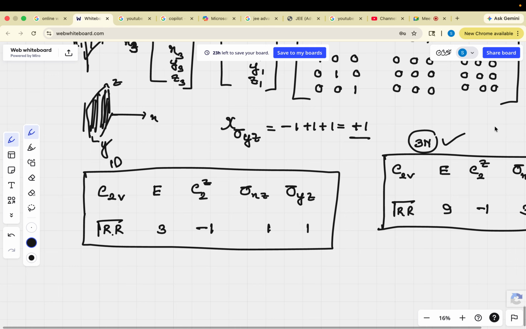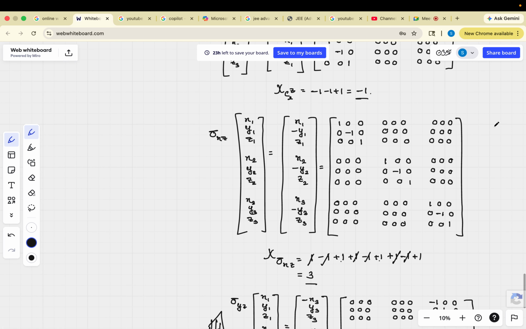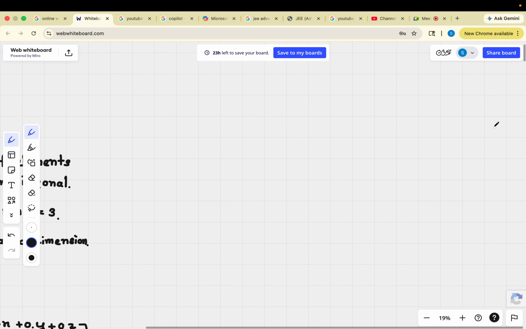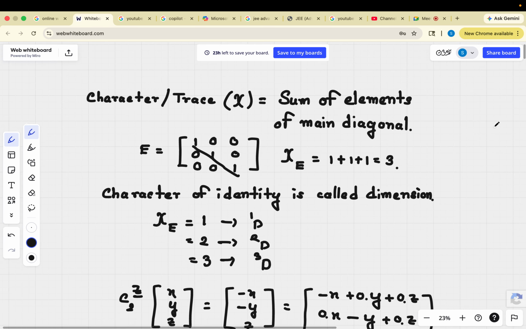So that's it for today, just see up to that what we have done today. Initially we did how to find out the character or trace, so you just have to add diagonally.